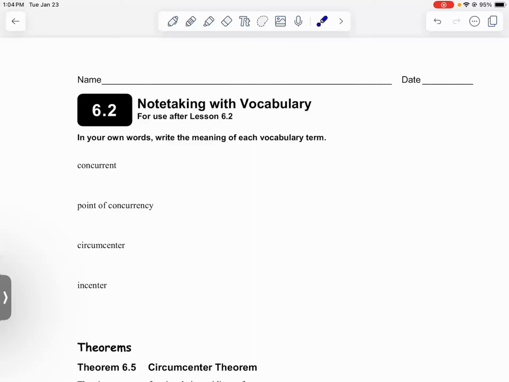So has anybody ever heard of the word concurrent? Have you heard of that? Okay. It's three or more lines or segments intersecting.